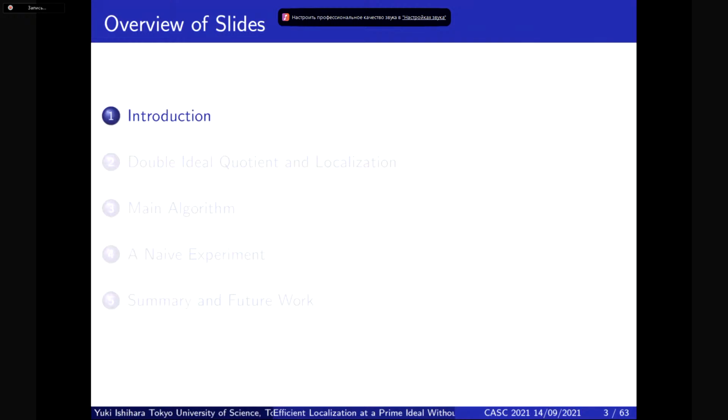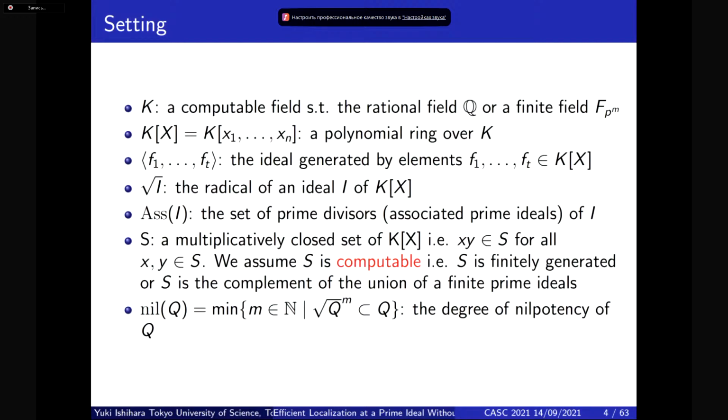So first, the introduction. Here is the setting. We mainly consider the polynomial ring over some computable field, like the rational field Q or a finite field. Let I be the ideal generated by polynomials f1, ..., ft.